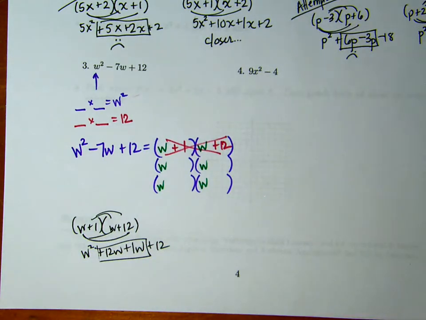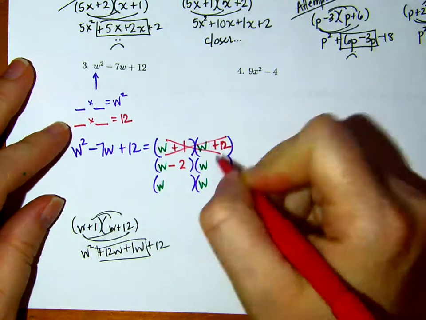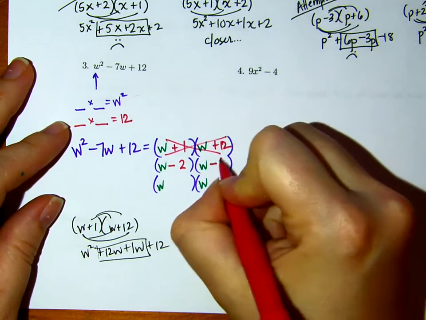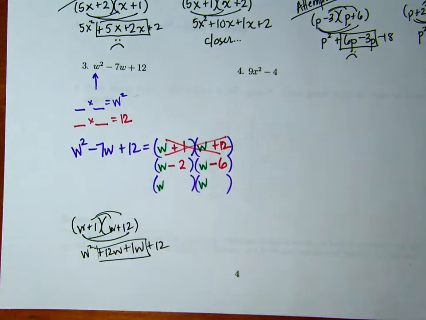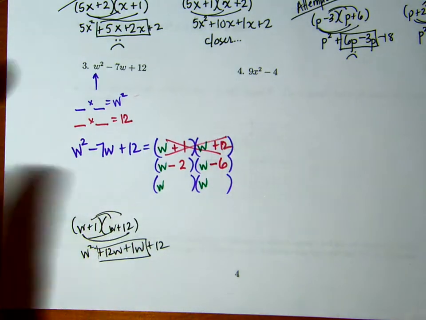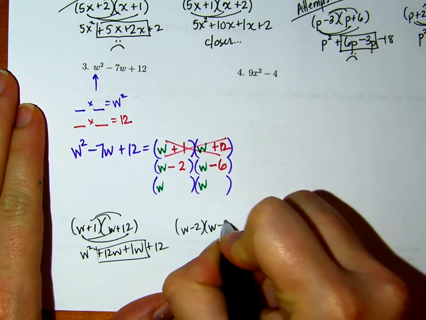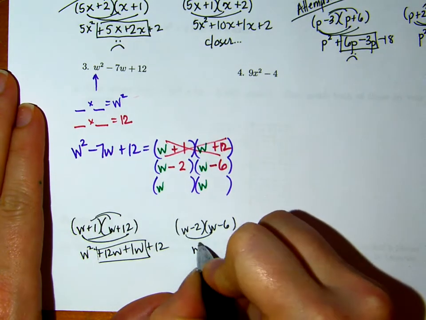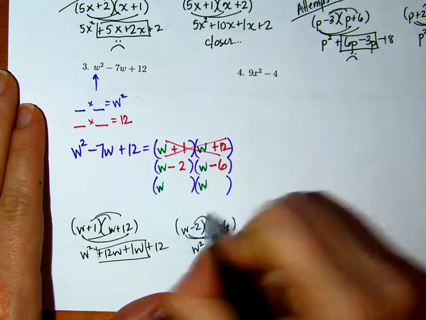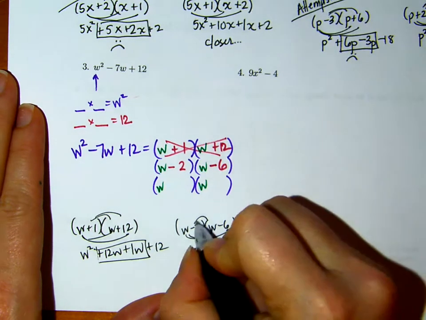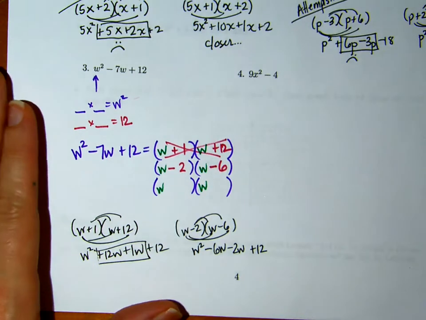So, what if we go -2 by -6? Because -6 times -2 makes positive 12. So let's give that a shot, see what happens. Okay, W squared, -6 W's, or minus them, minus 2 W's, and -2 by -6 makes positive 12.